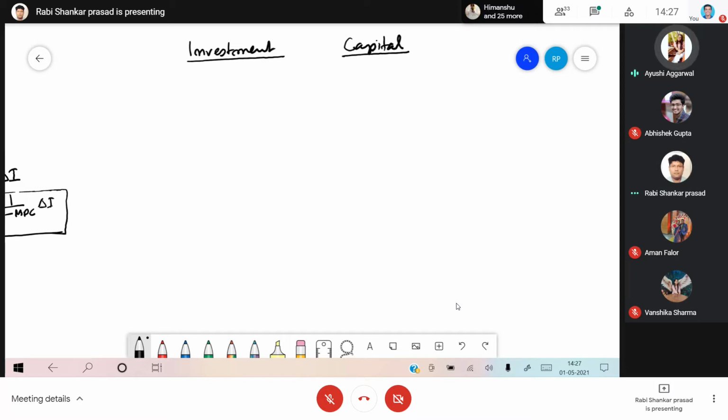So the basic difference is that capital is a liability for the business, and investment is an asset which gives additional income, like interest. You are not an accounts student, you are an economics student, so your interpretation will be accordingly. Okay, sir. It's a good attempt, I'm not saying otherwise.